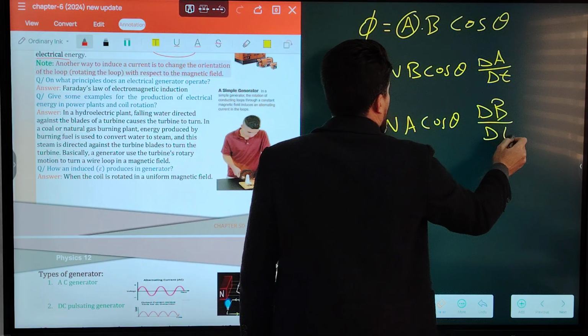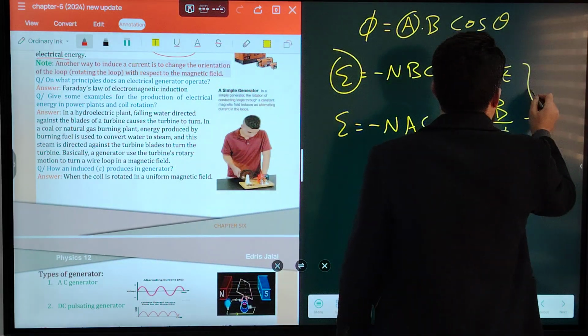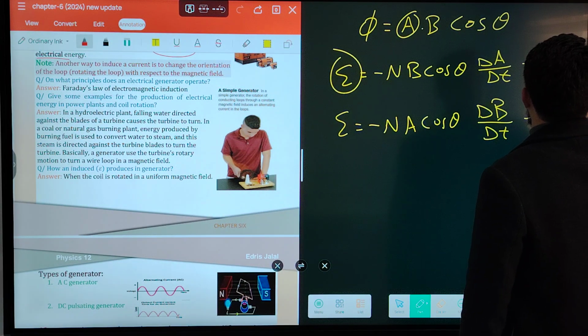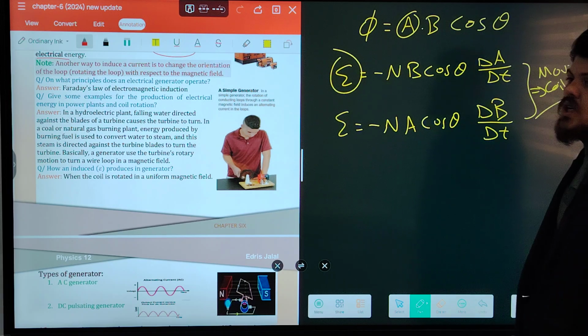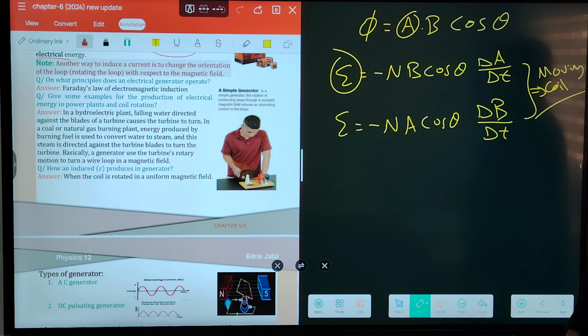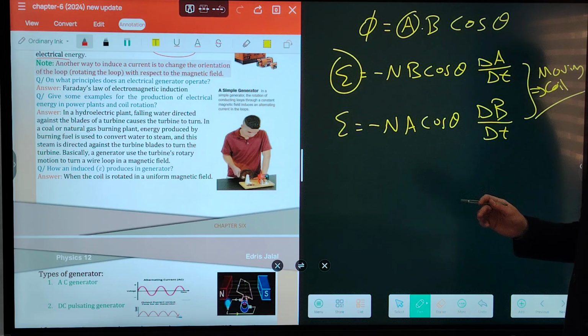And by changing the magnetic field, you have to use this relation: change of magnetic field over time. Faraday's law for a moving coil. This is for a moving coil, not rotating. Changing magnetic field and changing the area of the loop by moving the coil, not by rotating.